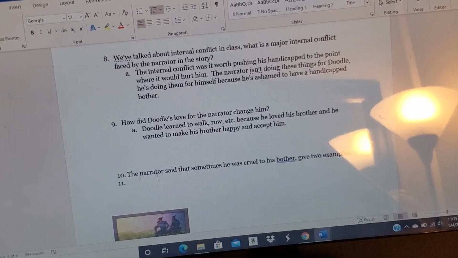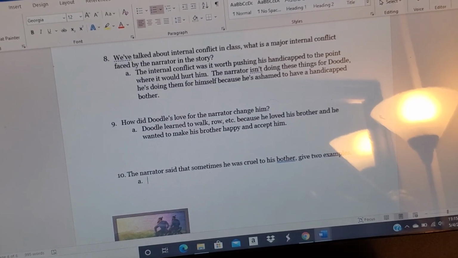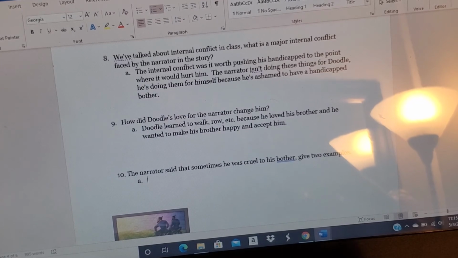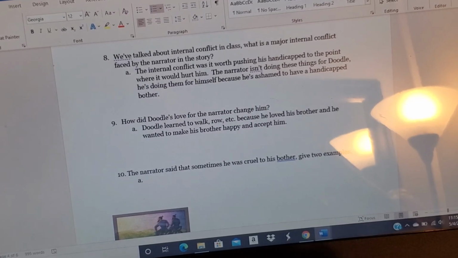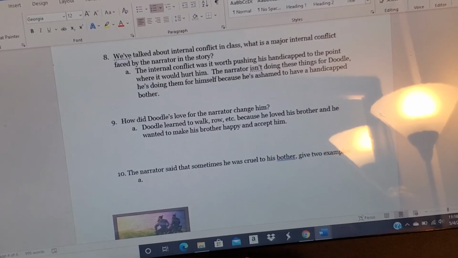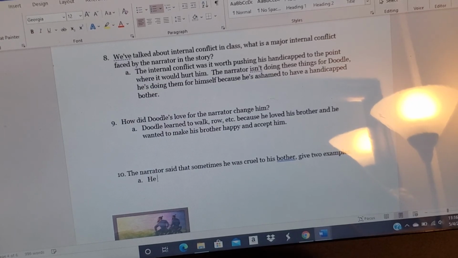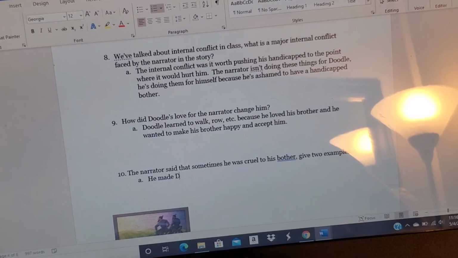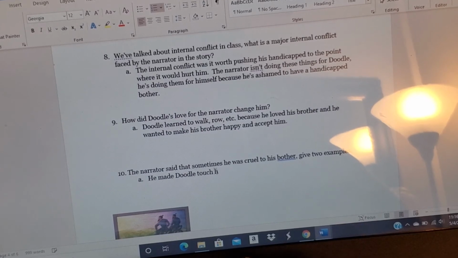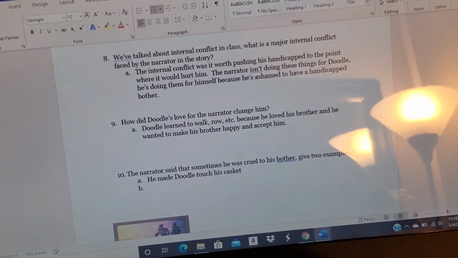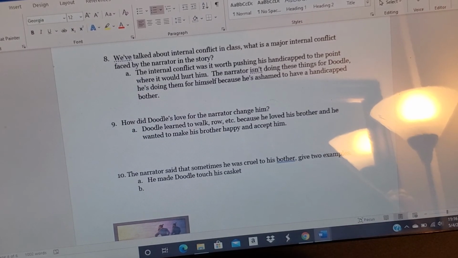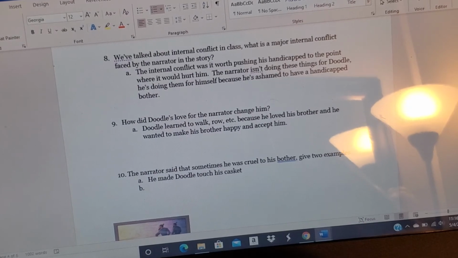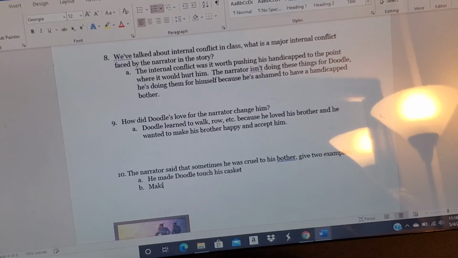Now, there are several examples of his brother being cruel. Our first one was he made him touch his casket. Another one was making Doodle row against the stream.